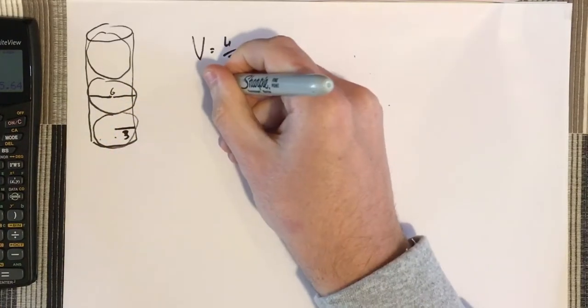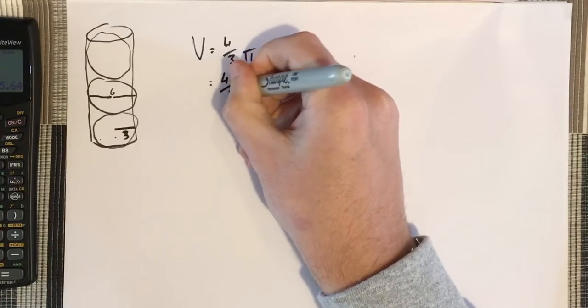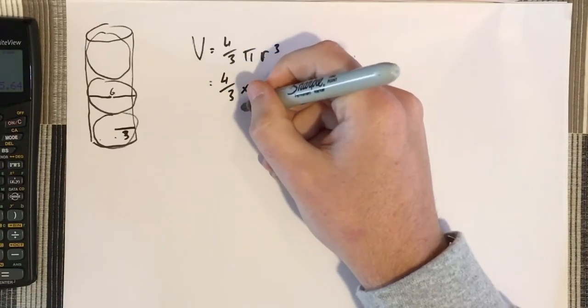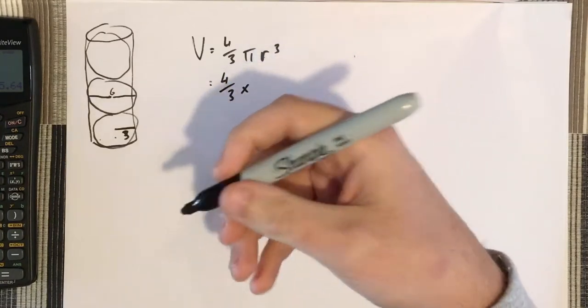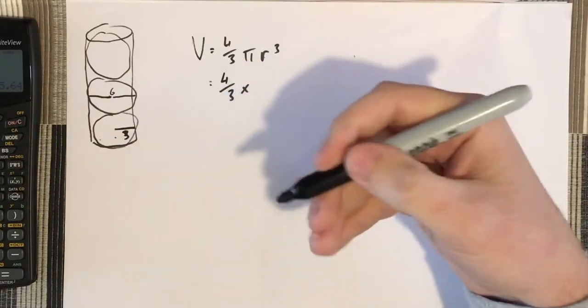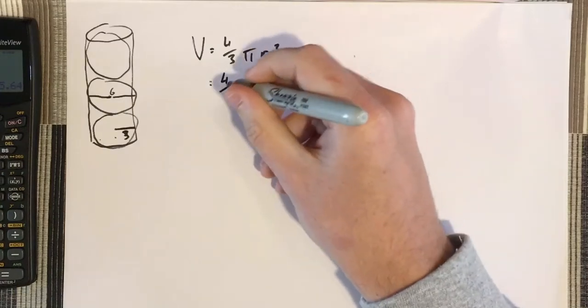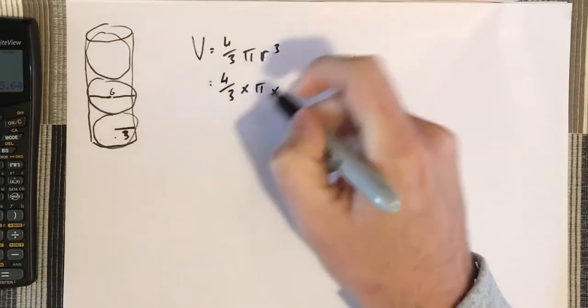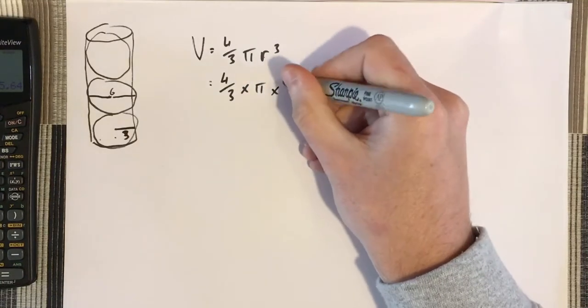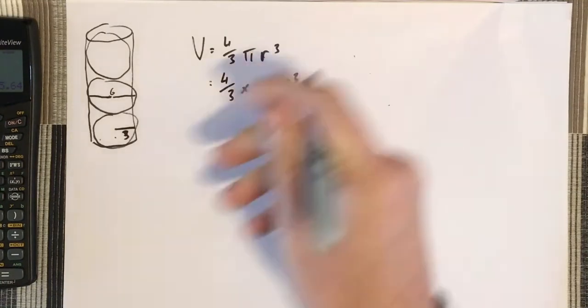All right. So the volume is 4 over 3 multiplied by pi. I'm told to give my answer in terms of pi, so I'm not going to sub anything in for pi. I want something pi as my answer. So 4 over 3 multiplied by pi multiplied by the radius cubed, which is 3 cubed.